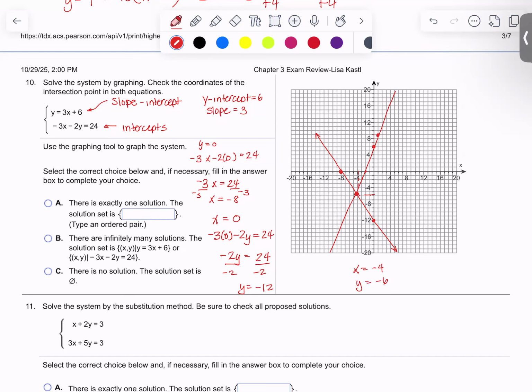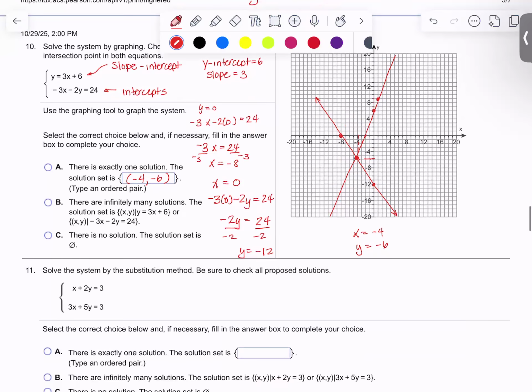So it appears to be intersecting at the ordered pair negative 4, negative 6. And that is how I must input my answer, as an ordered pair. So I separate the x coordinate and the y coordinate by a comma, and I put parentheses around it.